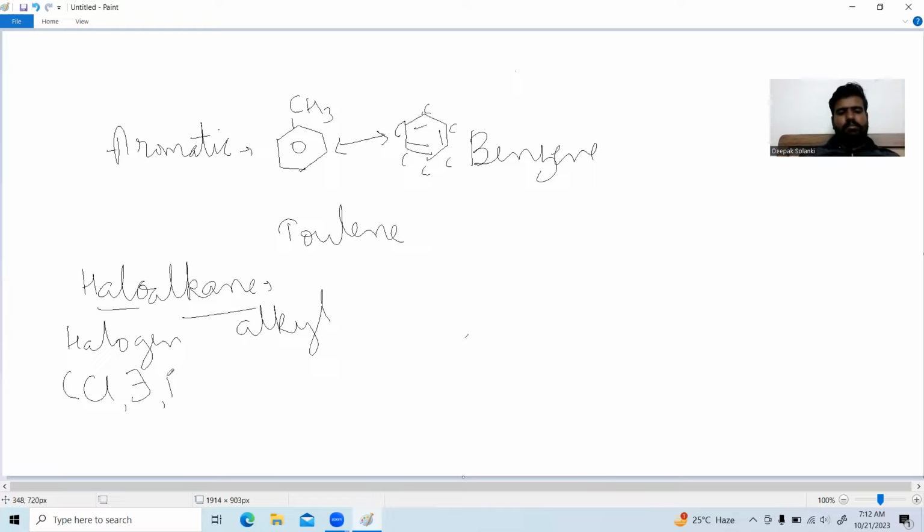Fluorine, chlorine, bromine, and iodine are halogens. We have to put an alkyl chain with a halogen compound. Its other name is alkyl halide.